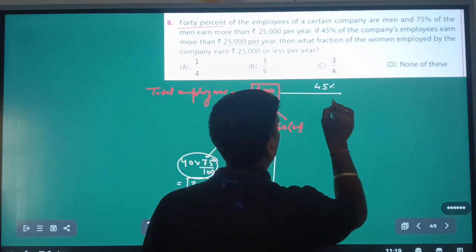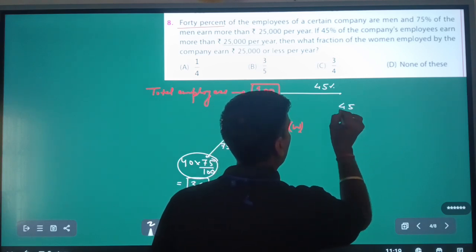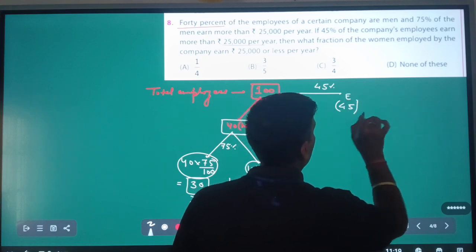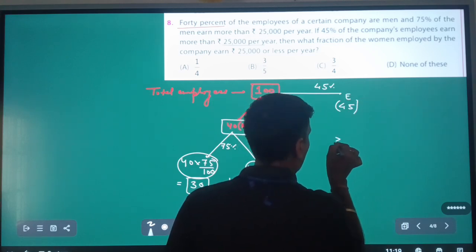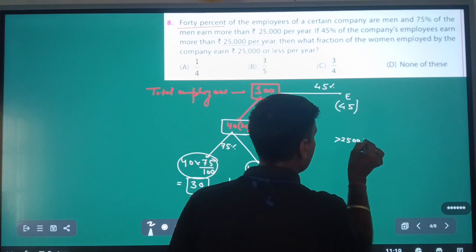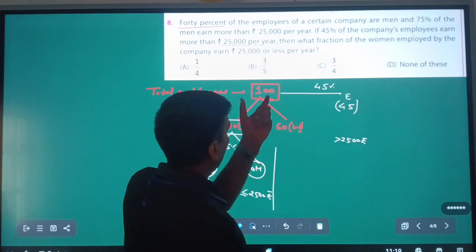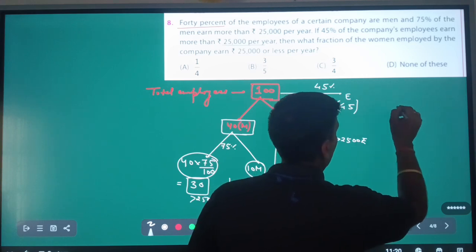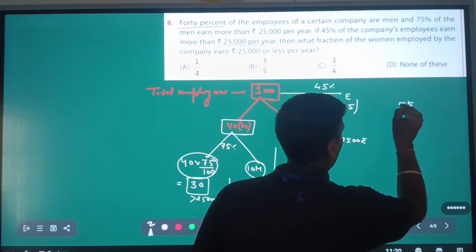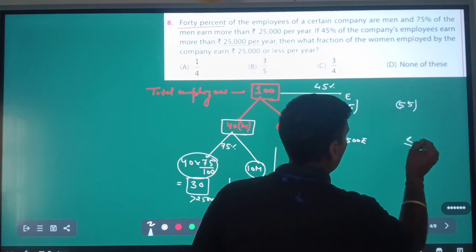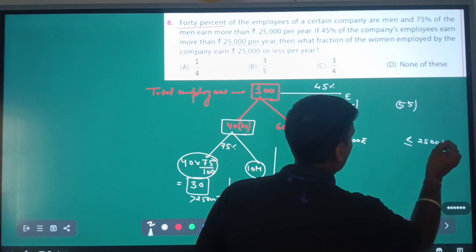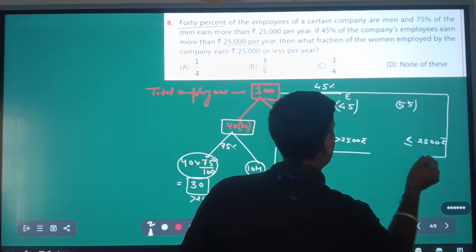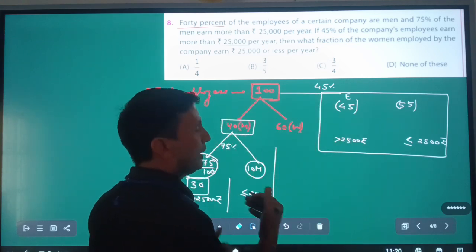It means out of 100, 45 employees are getting more than 25,000 rupees. So the remaining 55 are getting less than or equal to 25,000 rupees. These are the structures. There are two categorizations of the things. Now we have to combine the things to get the answer.